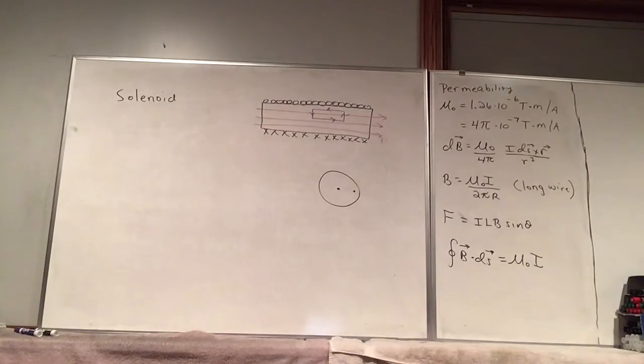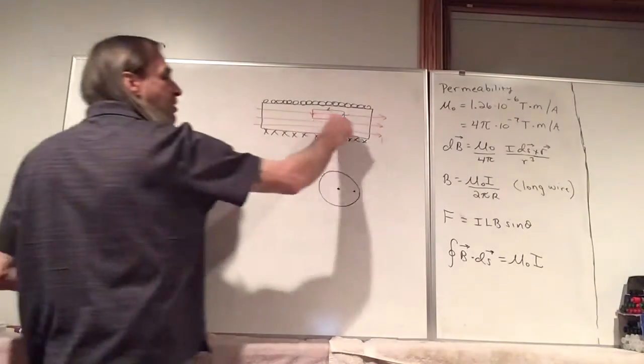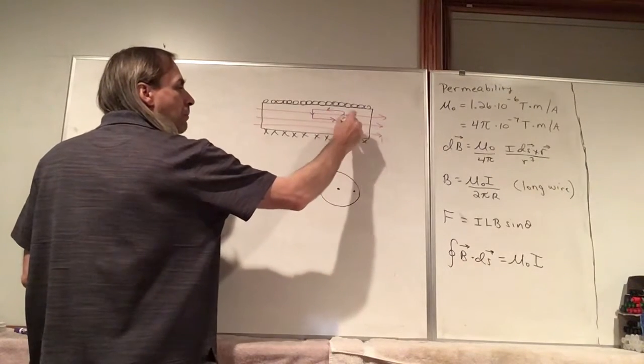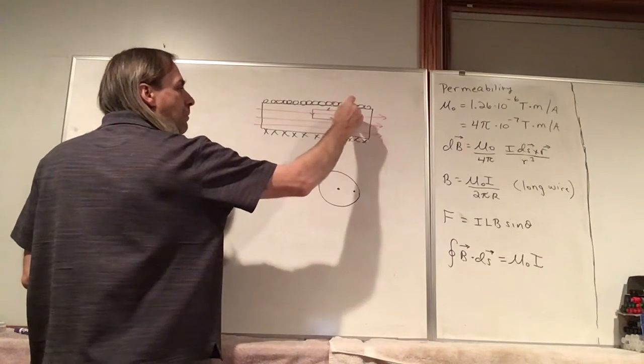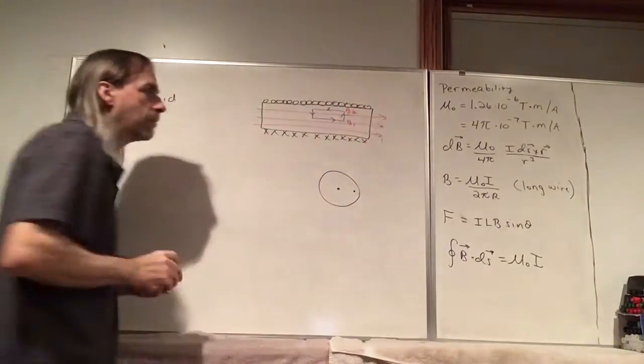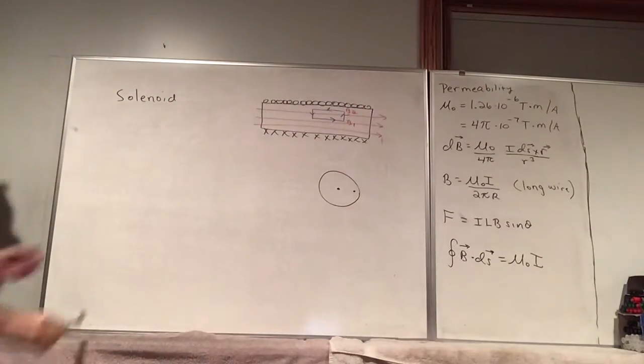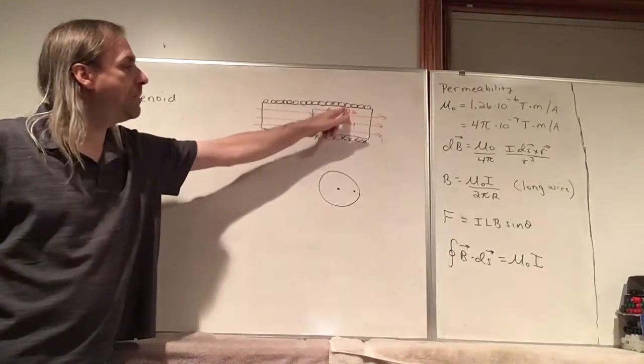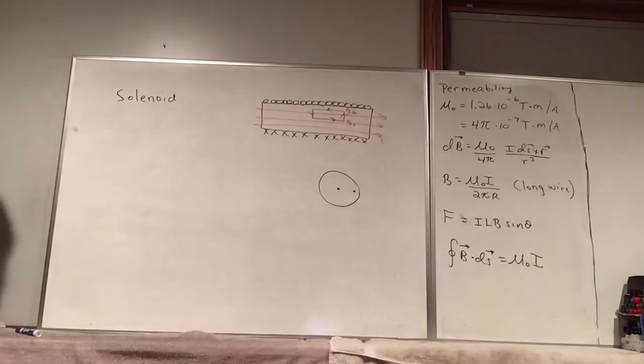However, along these other two segments, let's call this B1 and this B2. B1 is the magnetic field along this line segment, and B2 is the magnetic field along that line segment. So let's apply Ampere's law.